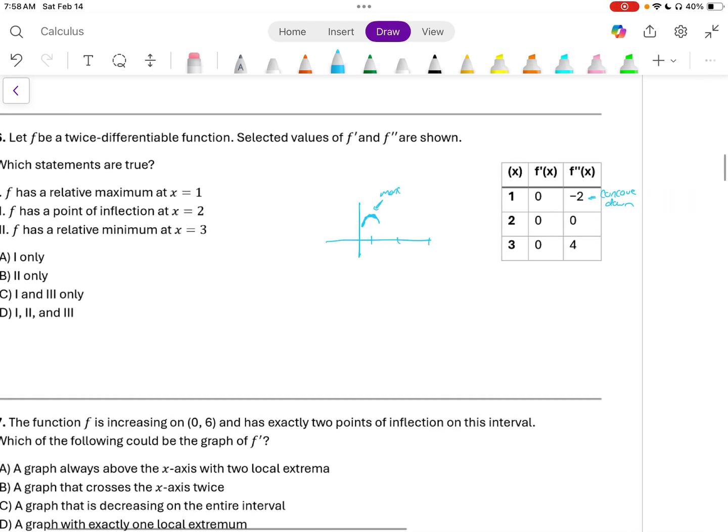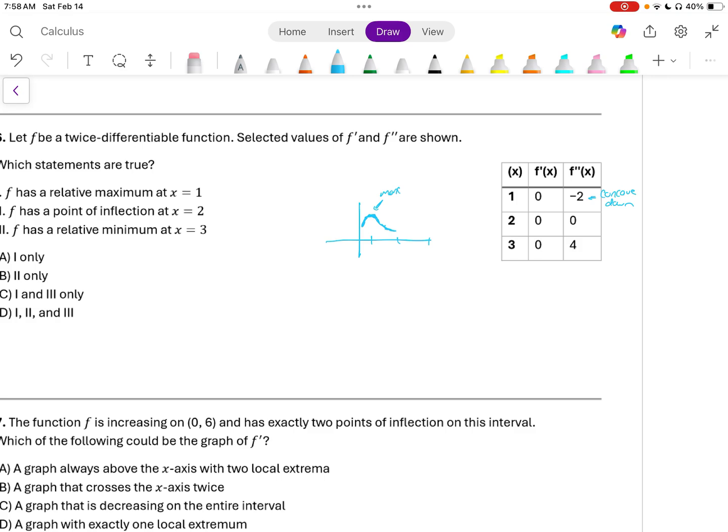Inflection point. Well, first derivative is 0, second derivative is 0. So it could be an inflection point. However, it doesn't have to be because this could come down here.